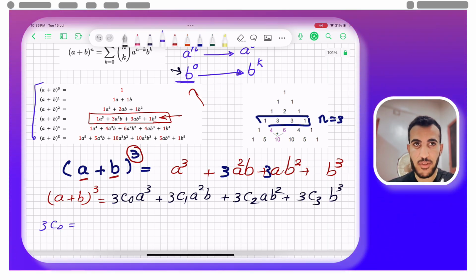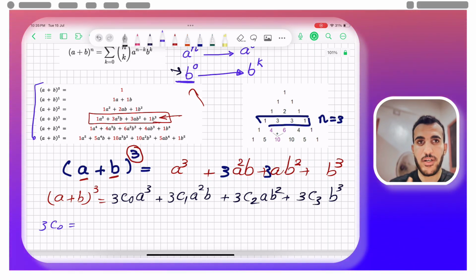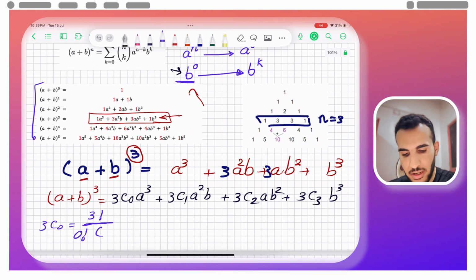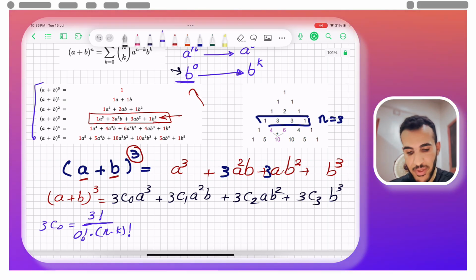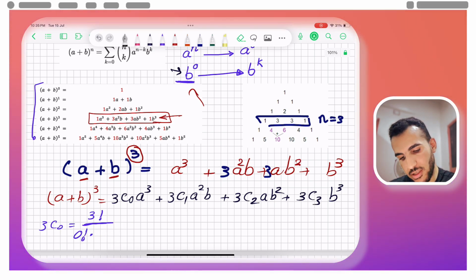You can solve this term in your calculator. You have both nCr, they are the same, okay? So it means factorial of 3, and factorial of 0, and we say we need the factorial multiplied by n minus k factorial. n here equals 3, 3 minus 0 is 3, so I need to write the factorial of 3.